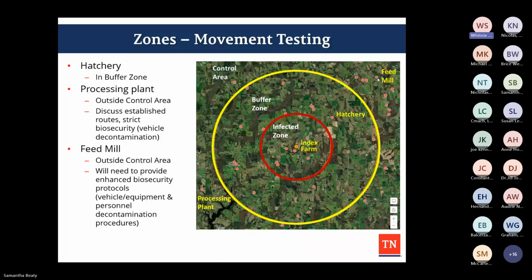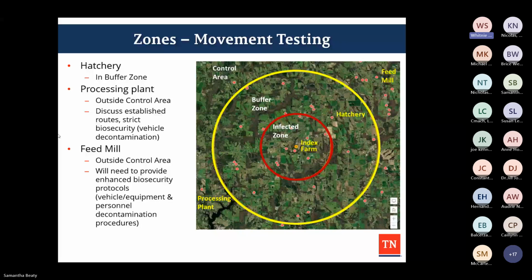But then your feed mill, technically, is outside of that control zone. It's in that surveillance area, which is the free area, but they more than likely would be providing feed to a lot of the farms in that control area. And so all of those movements would have to be permitted. And again, maybe a processing plant that's nearby doesn't necessarily fall in that control zone, but there are a lot of movements that have to take place for continuity of business, and those would have to be permitted as well.